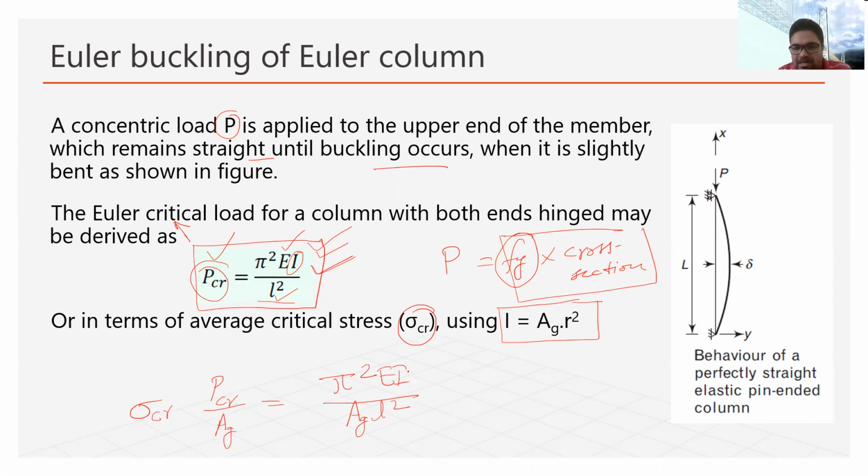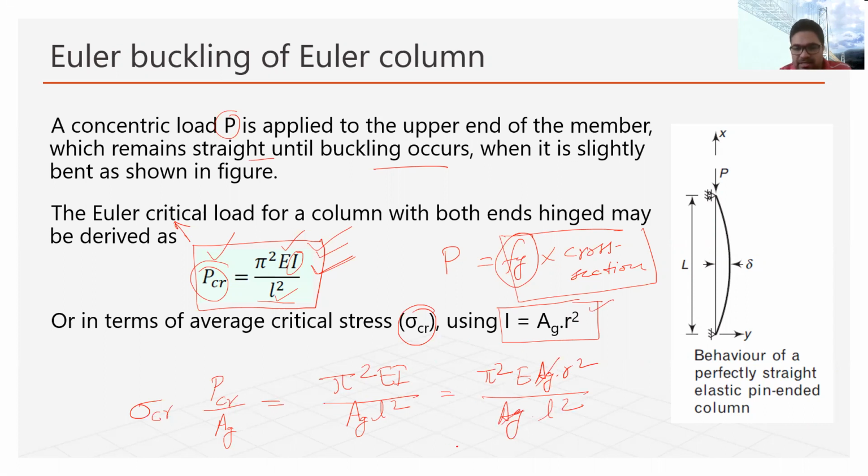Now if I replace I by this formula, then we get pi square E AG into r square upon AG into L square. AG and AG will cancel out.